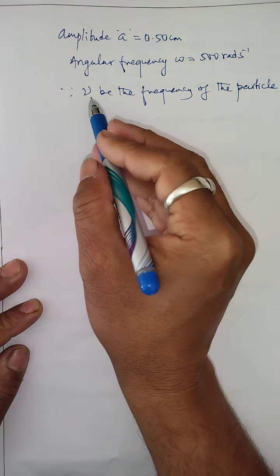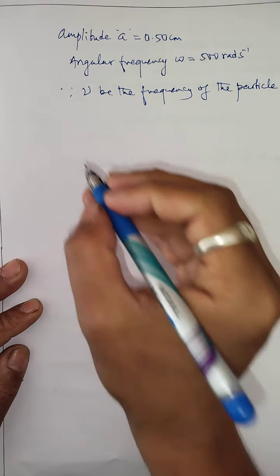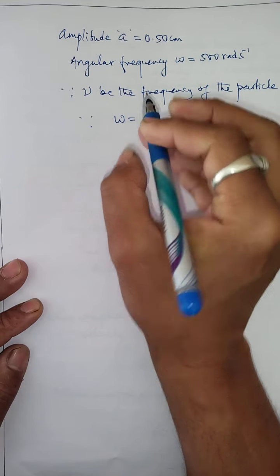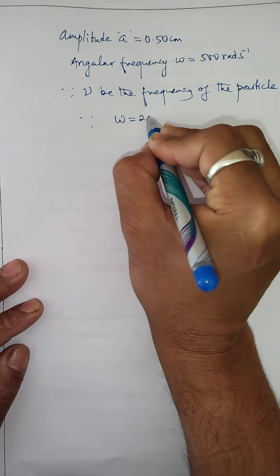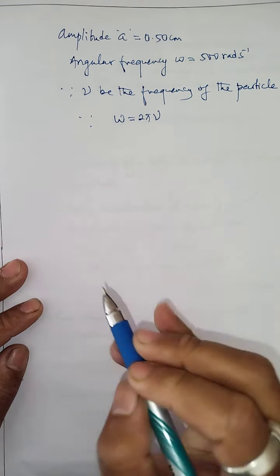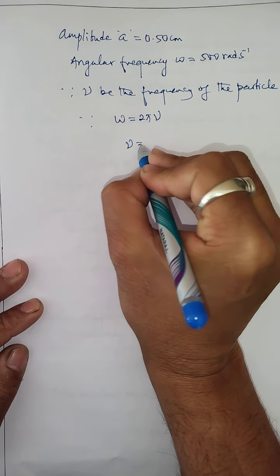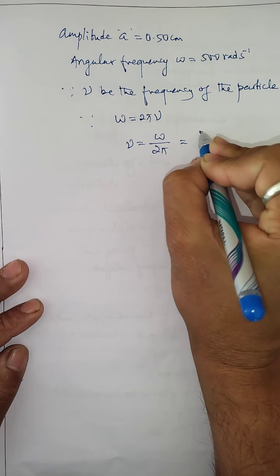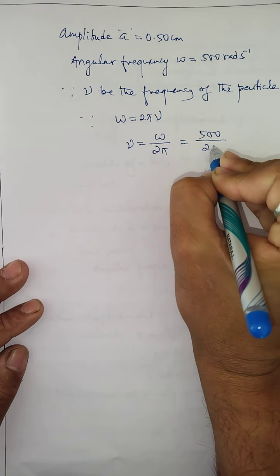This time we use nu as the symbol of frequency. And you know the relation: angular frequency omega equals 2 pi nu, which means nu equals omega by 2 pi. So let me substitute the value. Omega means 500 by 2 pi.